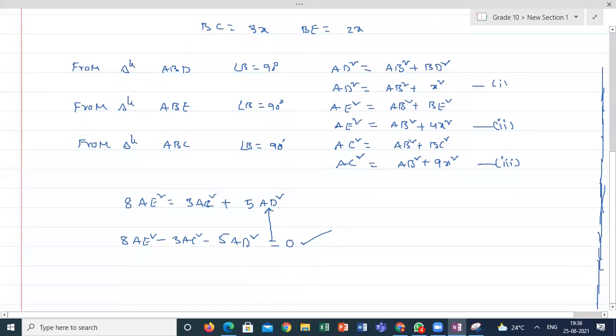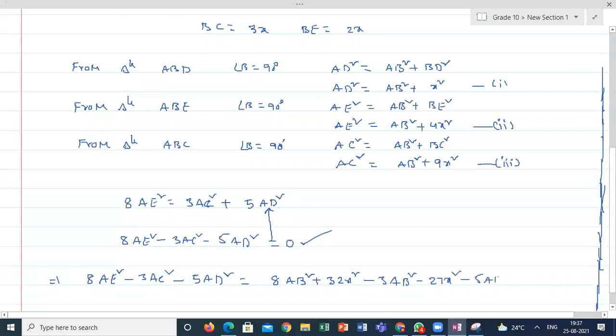So what is the value of 8AE square minus 3AC square minus 5AD square? 8AE square is nothing but 8AB square plus 8 into 4, 32X square, minus 3AC square, so minus 3AB square minus 27X square, minus 5AD square, so minus 5AB square minus 5X square.